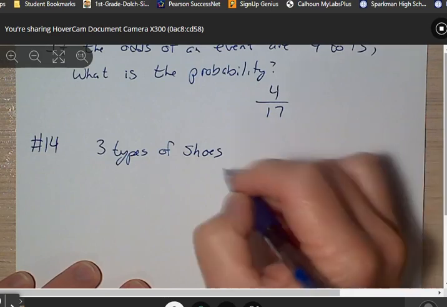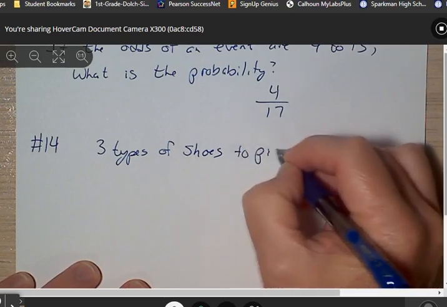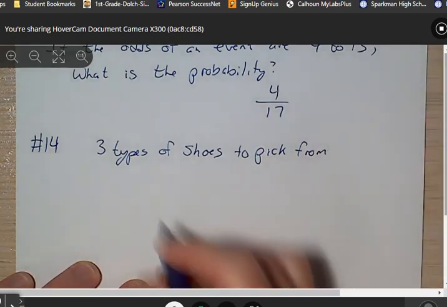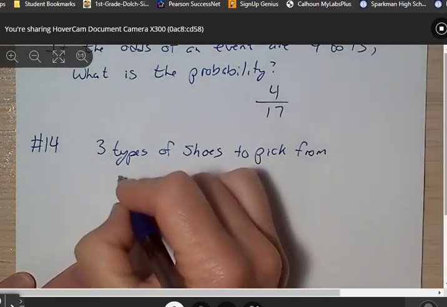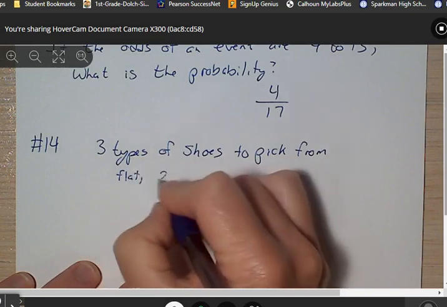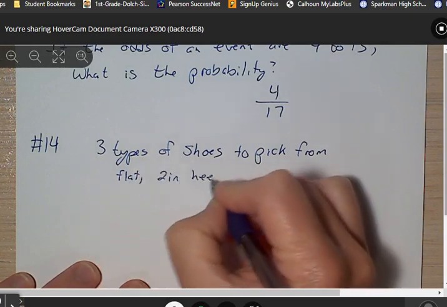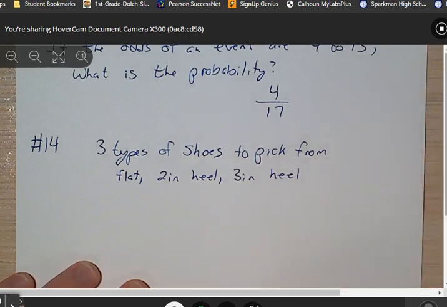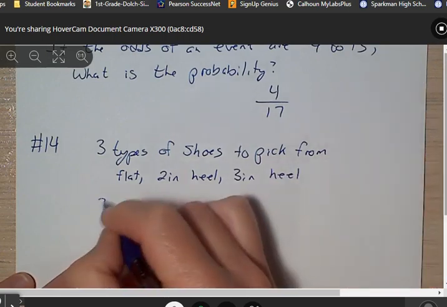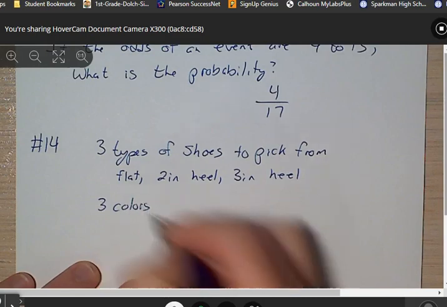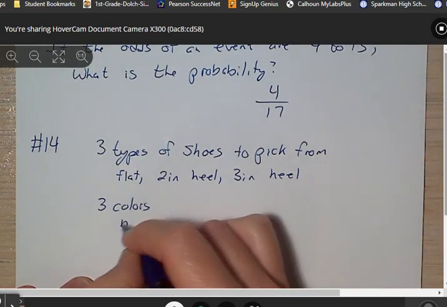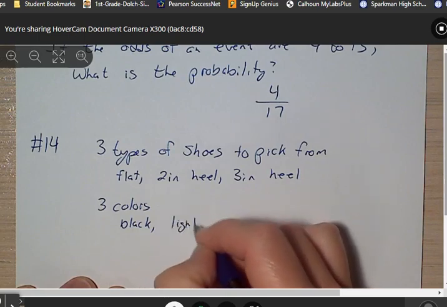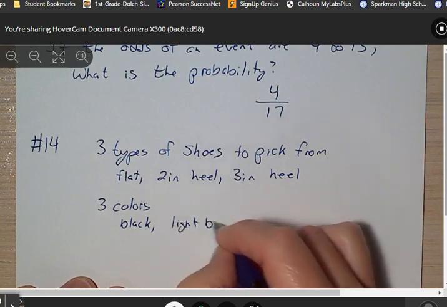One was a flat, one was a 2-inch heel, the other was a 3-inch heel, and there were 3 colors. There was black, there was a light brown, and there was a dark brown.